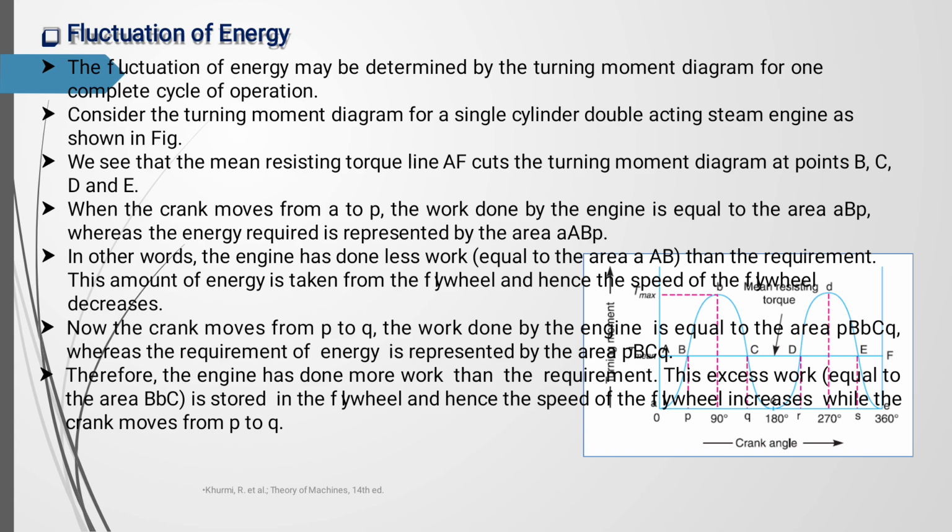The power developed by the engine is very important, and that power can also be stored. When we store the power from the engine in the flywheel, it is a constant ratio.